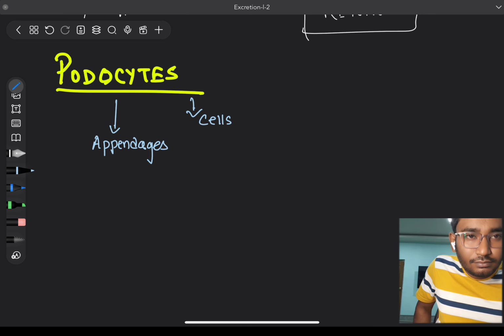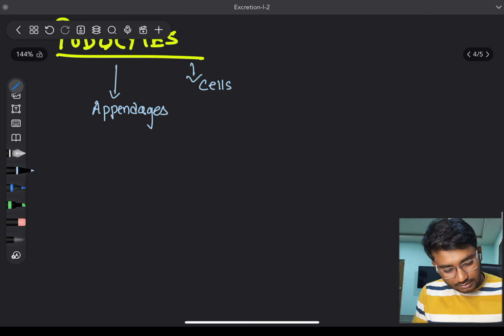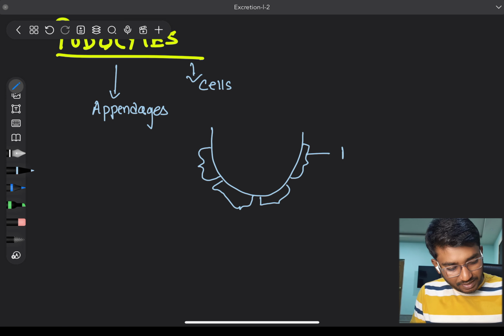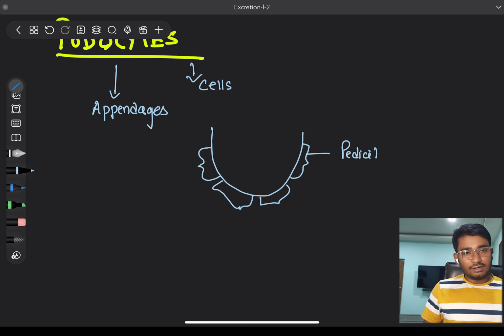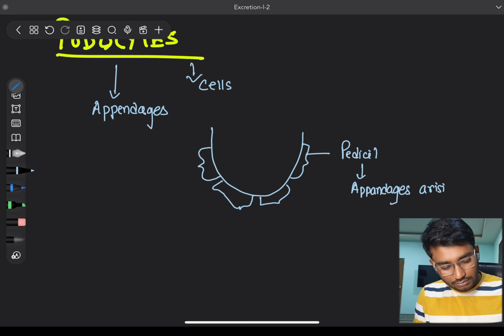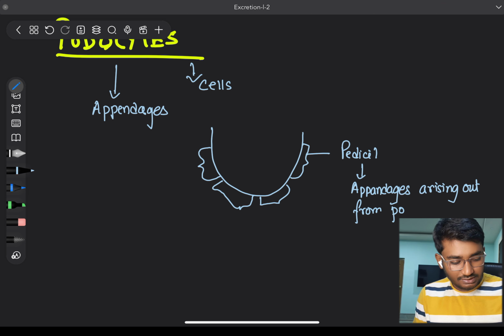Now, these are the pedicels. Appendages arising from podocytes are called pedicels.